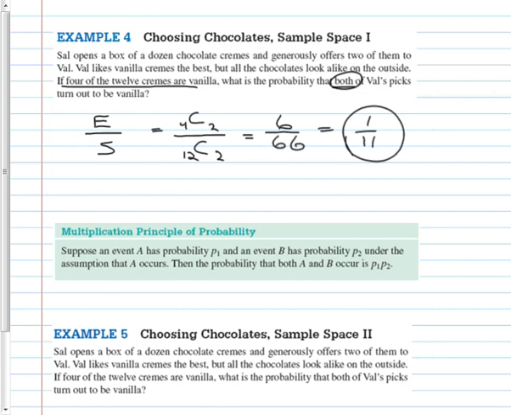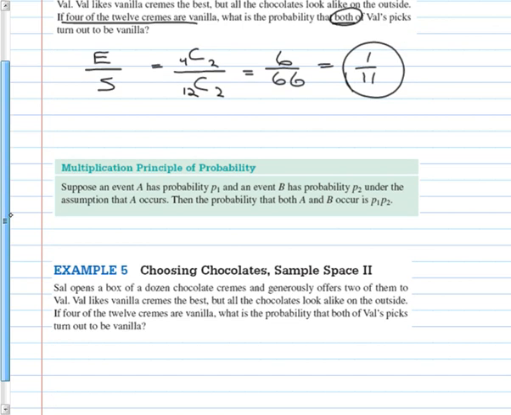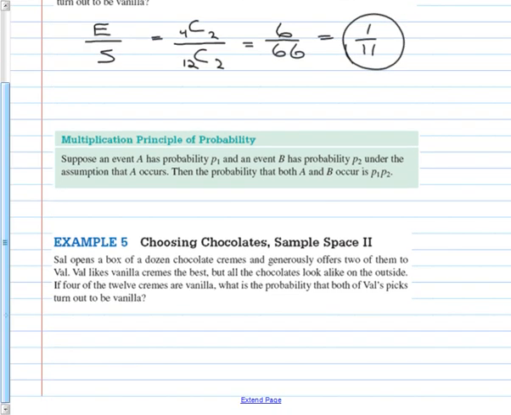There's a second way of looking at it. This way, I figured out the total number of ways using a combination. If event A has probability p1, and event B has probability p2, and I want A and B both together, we just multiply them. We actually used that earlier. We just multiply the events.